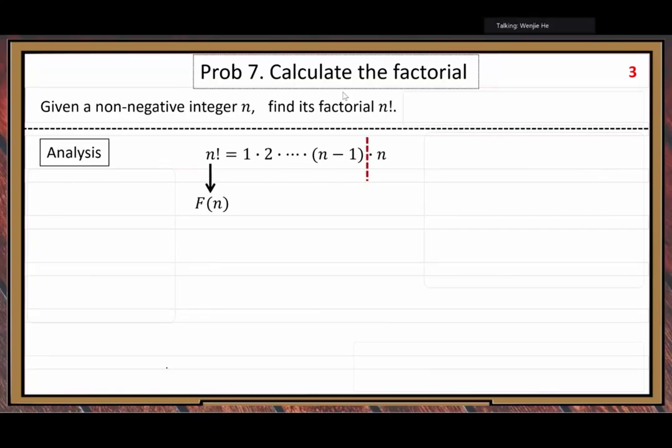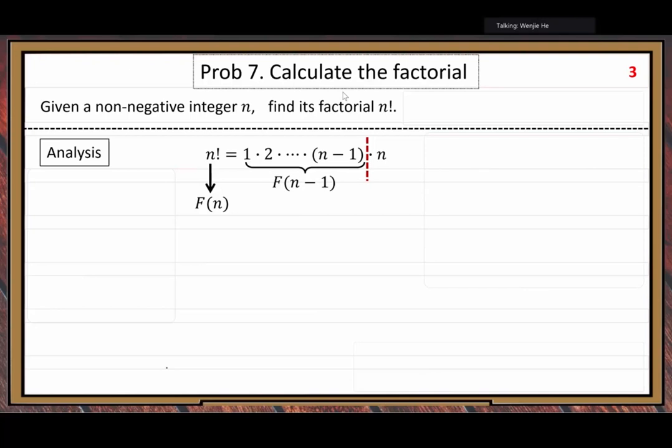Then we divide it. The way we divide, we chop the last element off. One element reduction. We just reduce the problem size by 1. It's smaller after the divide step. The problem size is reduced from n to n minus 1. So we get a problem of the smaller problem size, n minus 1.